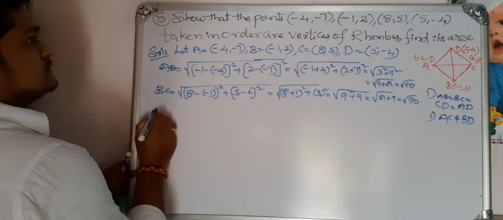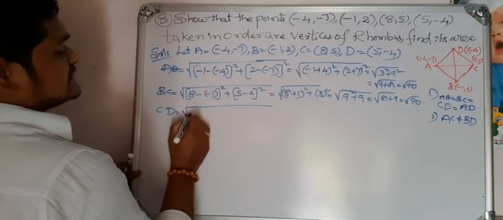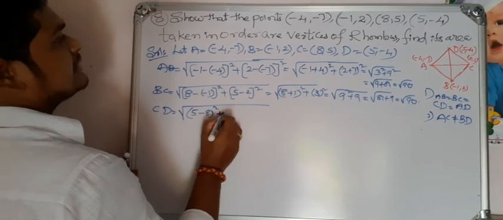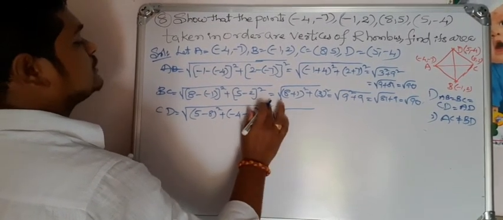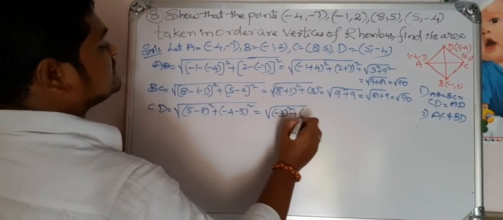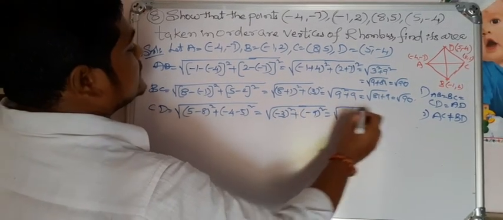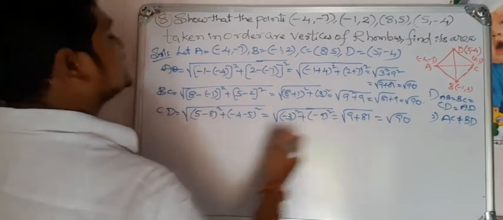Then find CD. CD is equal to root of (x2 - x1) whole square plus (y2 - y1) whole square, that is (5 - 8) whole square plus (-4 - 5) whole square. So it is equal to 3 square plus 9 square, which is root of 9 plus 81, equal to root 90.